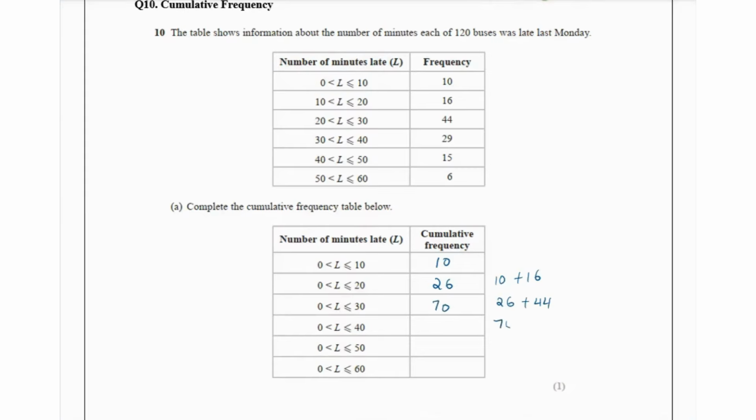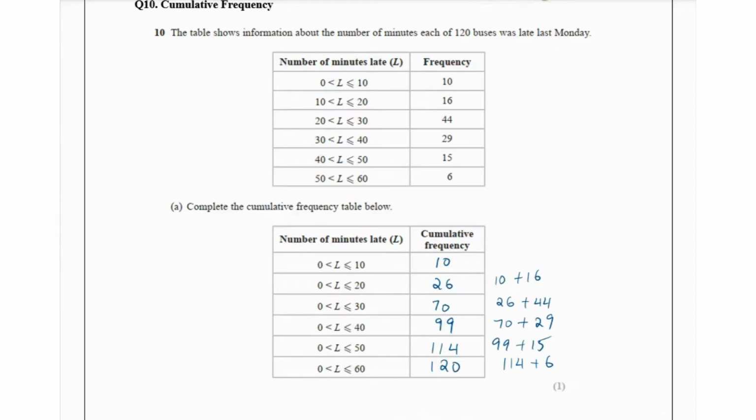Then 70 plus 29, that's 99. Then 99 plus 15, which is going to be 114. And then lastly, 114 plus 6, that's 120.